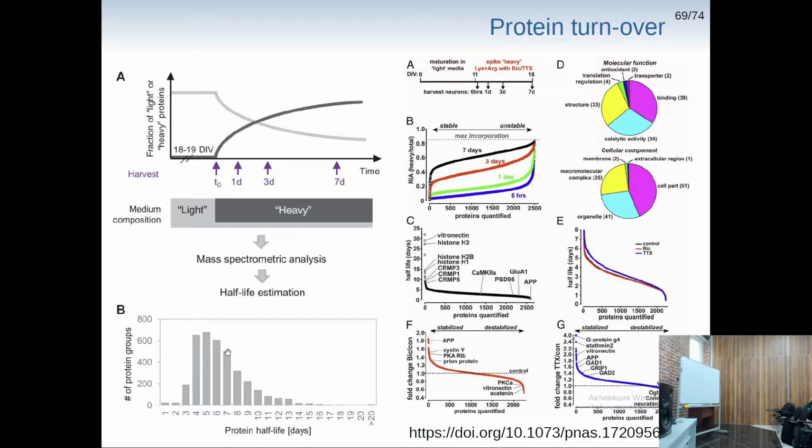So if you use such a chemical on cultured neurons, you can see that there are some changes. Some proteins stay almost the same, but some have a lot of change, either having more protein, like coupled protein, and some proteins which are needed for synthesis of new mediators, and also some proteins which are dysregulated in this manner.